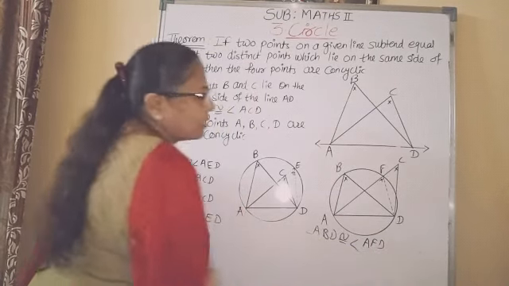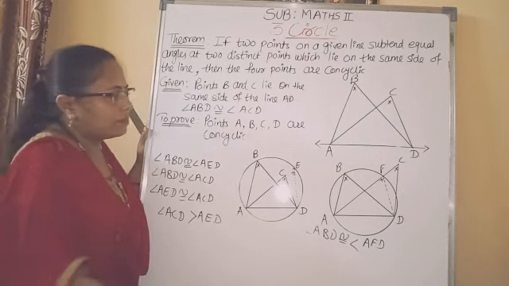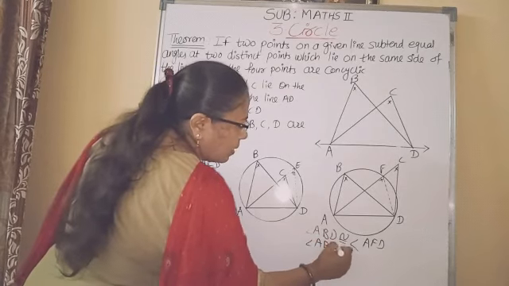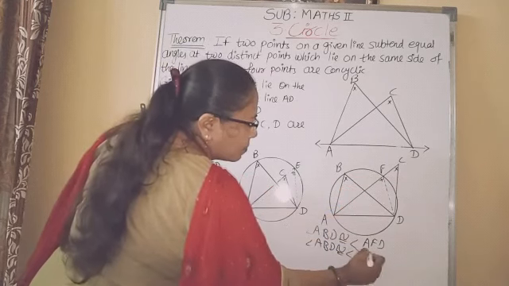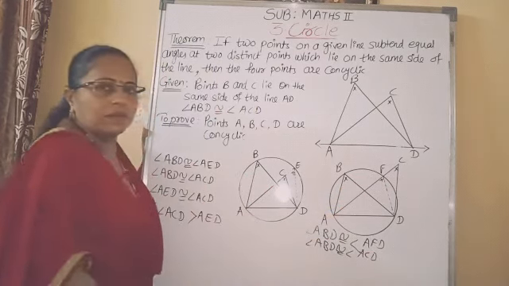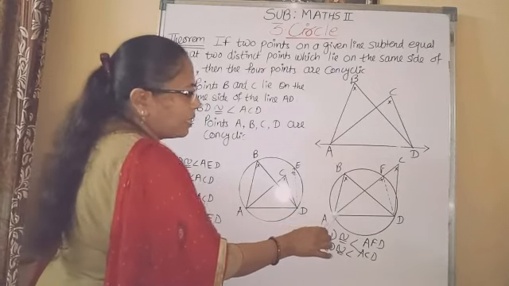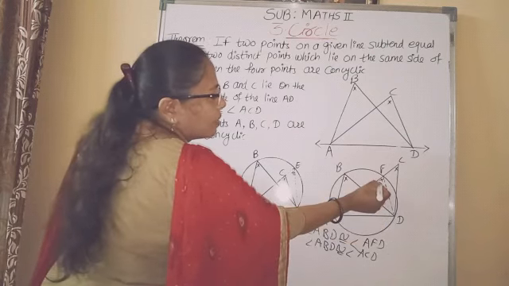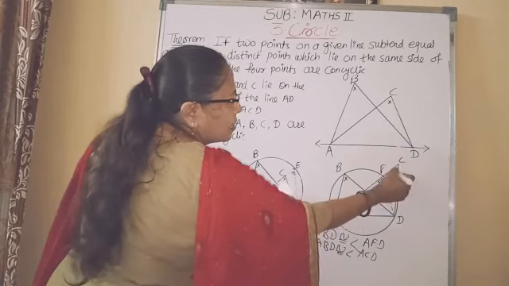You can write the reason: angles inscribed in the same arc. But angle ABD is congruent to angle ACD. It is given. So according to this statement, which 2 angles did we get congruent? Angle AFD is congruent to angle ACD.